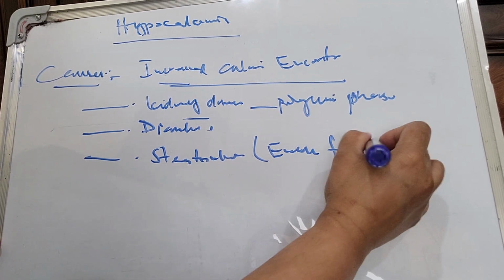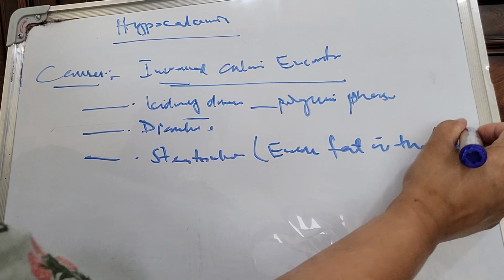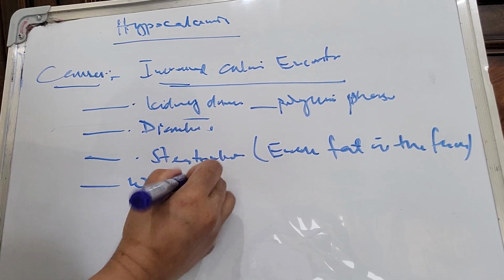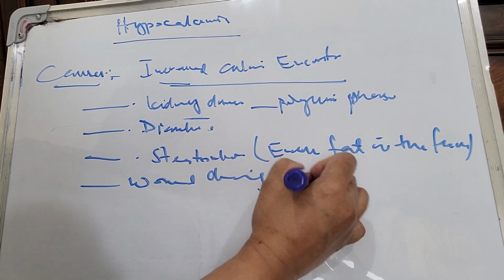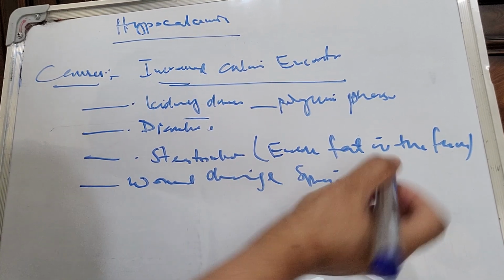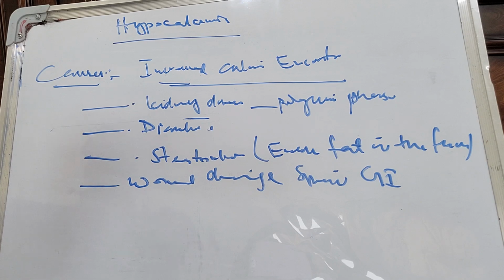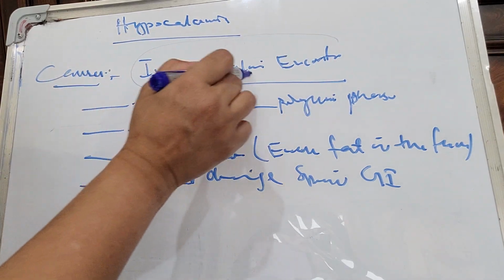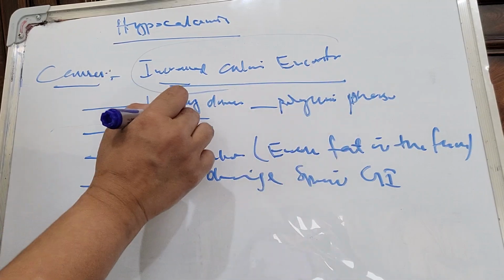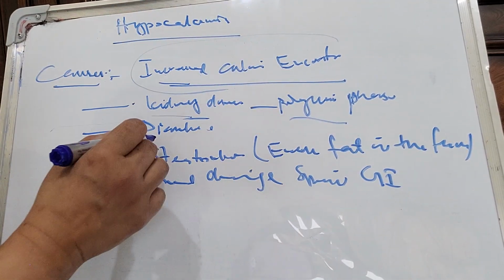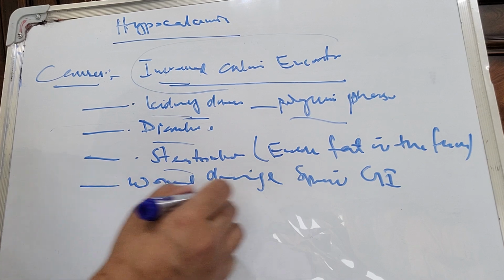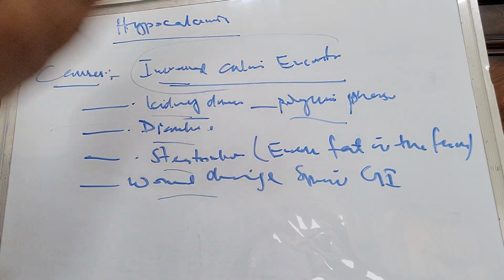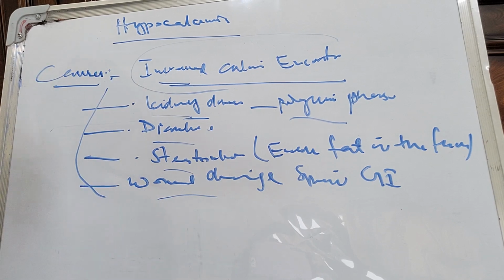Then wound drainage, especially GI, like NG tube, NG bag drainage. So these are the causes related to increased calcium excretion. All of this is related to calcium going out from the body, and that also causes hypocalcemia.